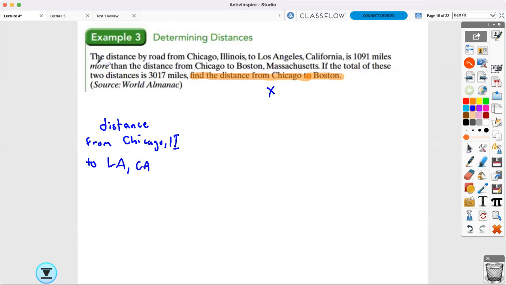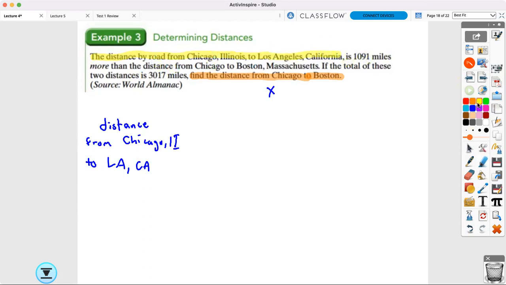So that is one thing, the distance of, right there, I'm gonna go ahead and highlight that. So the distance by road, I'm taking away some of the words. This right here is 1,091 miles.